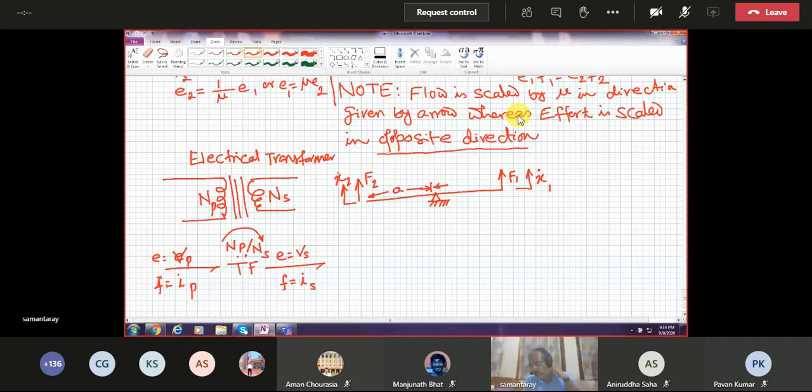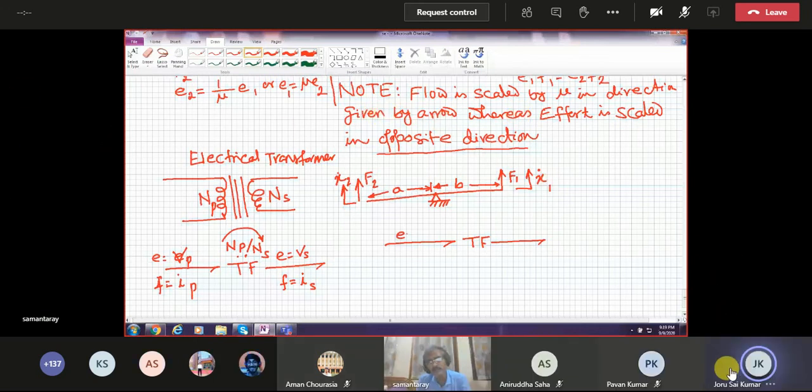So we have a lever ratio a by b or b by a, whichever way you decide. You can write this model whichever way you like. Let me put F1 on side 1, where the flow is x1 dot. Yes, somebody wants to speak?